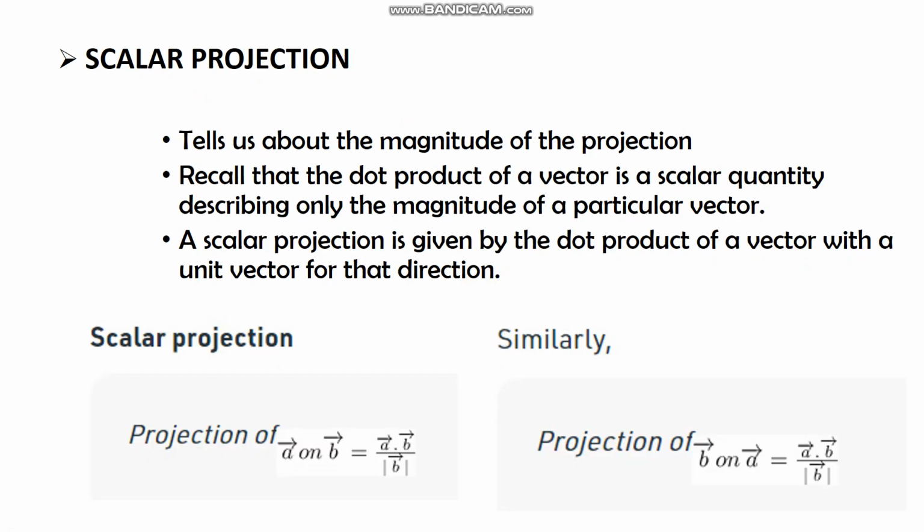So, we have this formula for scalar projection. Projection of A on B is equal to A dot B over the magnitude of B. Or similarly, projection of B on A is equal to A dot B over the magnitude of A.